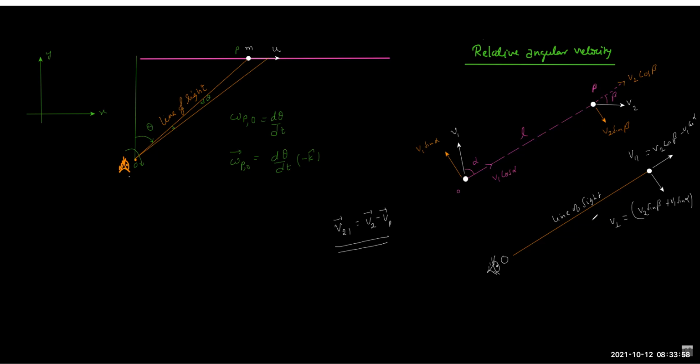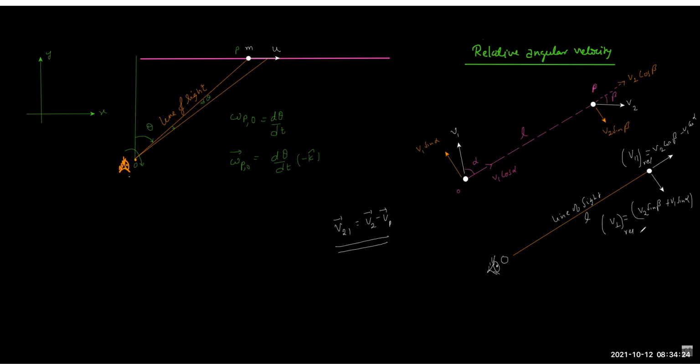So the obvious question is, which component will create the rotation? V2 sin beta plus V1 sin alpha, V perpendicular. The better name is V perpendicular relative, and this is V parallel relative.